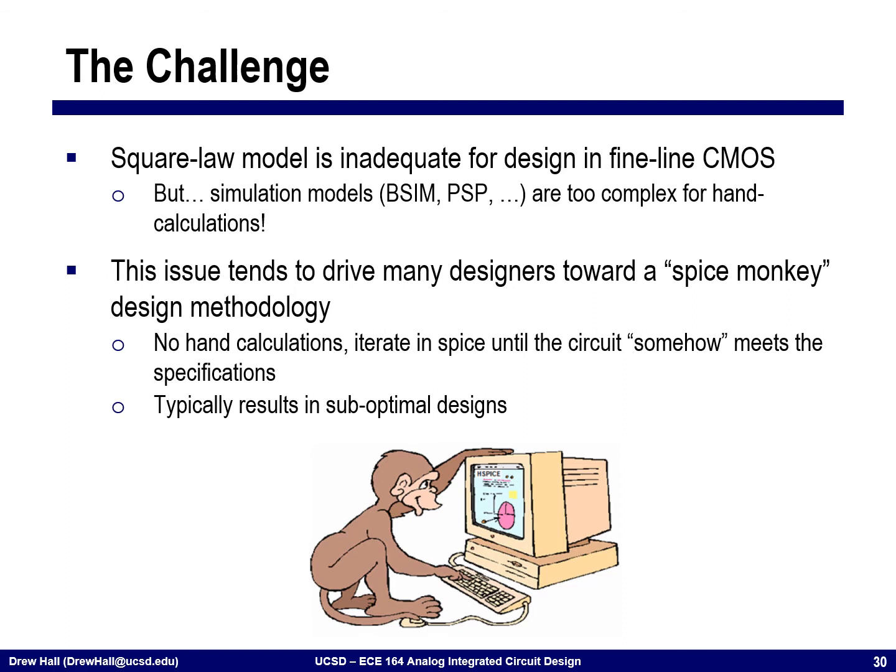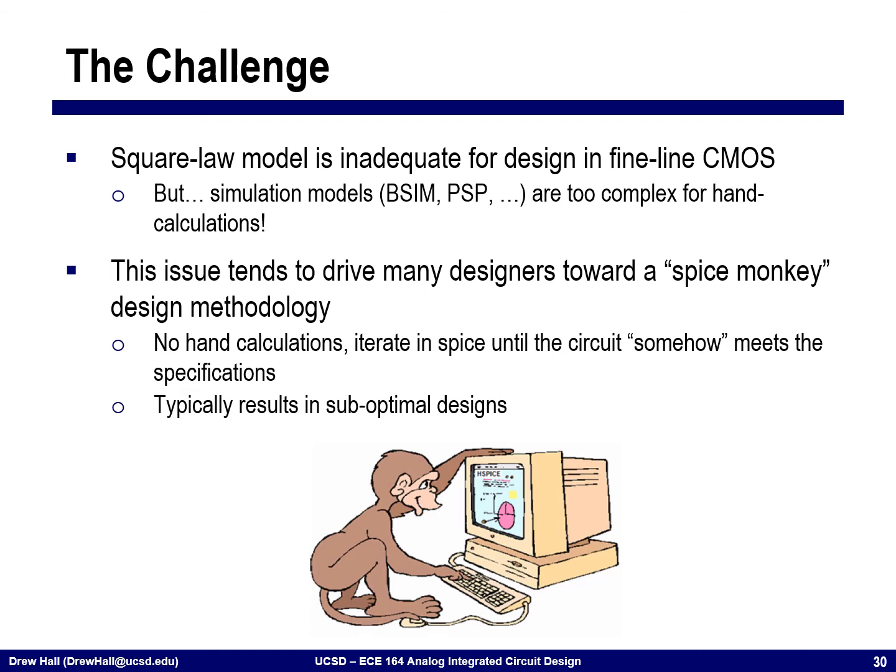This is where a lot of designers tend to fall into this trap of just doing what's called spice monkeying. Okay? Spice monkeying is where you have no hand calculations and you just keep messing around in spice until the circuit somehow works. This typically results in a couple of things. One, the design is usually not very robust, given that the designer himself or herself doesn't really know fundamentally what is influencing these parameters.